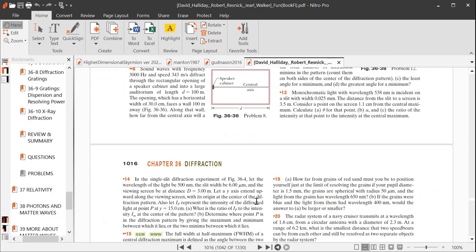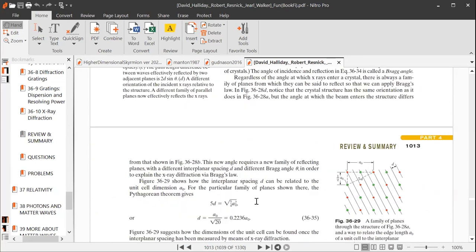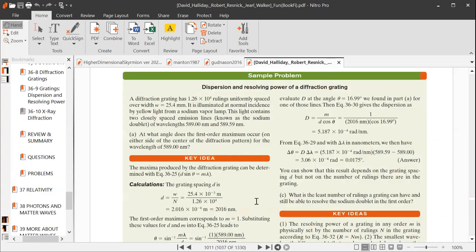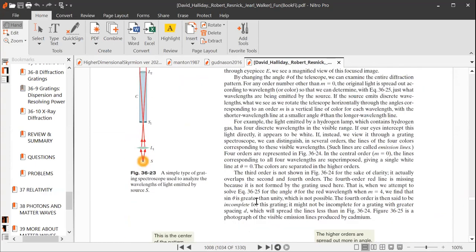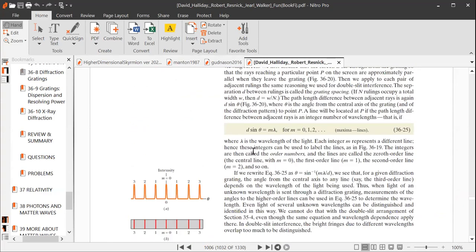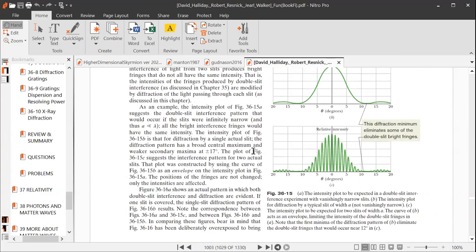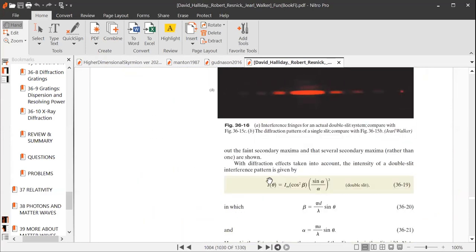Sir, can I ask? Yes, please. For the diffraction formula, there's I and IM. What's the difference? I mean double slit, I think. Yes, the intensity. Oh, this IM. IM is the maximum intensity.